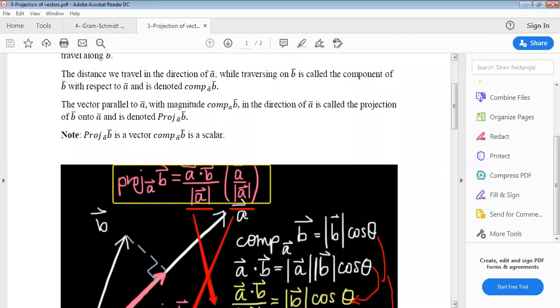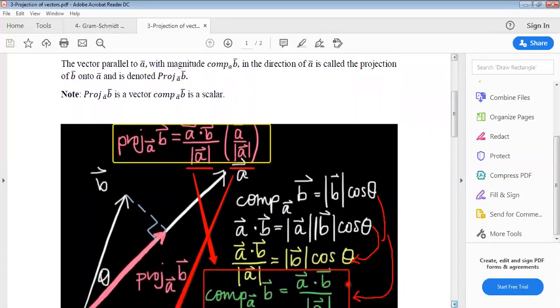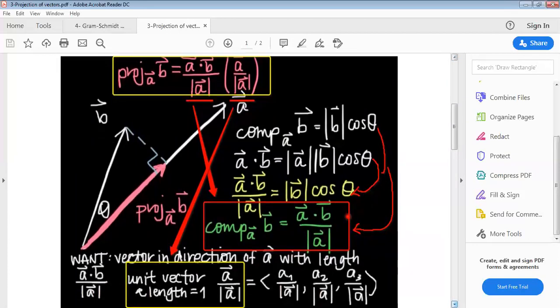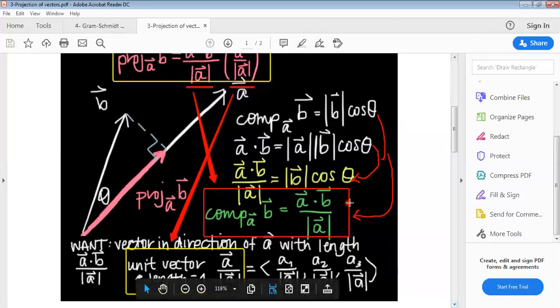So for this, in intermediate we have studied this formula: a bar dot b bar is equal to length of a bar into length of b bar cos theta.